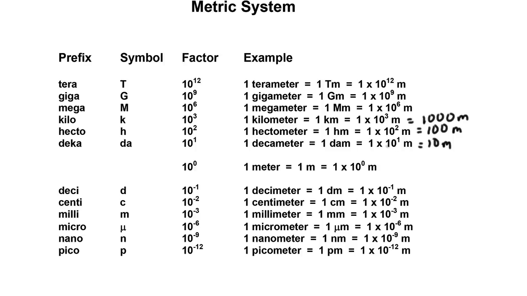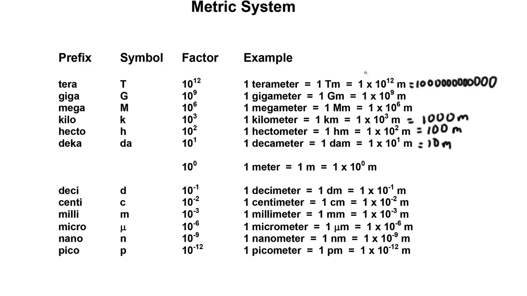Now, notice that 1 times 10 to the 1 is a 1 with 1 zero behind it. So there's 10. 1 times 10 to the 2 is a 1 with 2 zeros behind it. 1 times 10 to the 3 is a 1 with 3 zeros behind it. Notice if we use a 1 with 12 zeros behind it, 1, 2, 3, 4, 5, 6, 7, 8, 9, 10, 11, 12 zeros, that's a huge number.